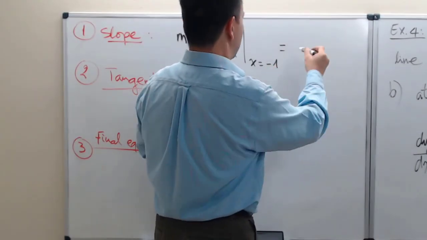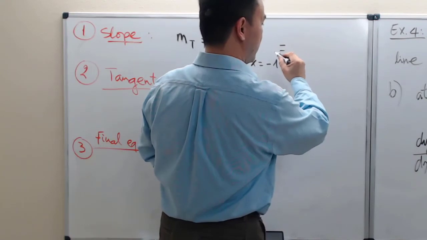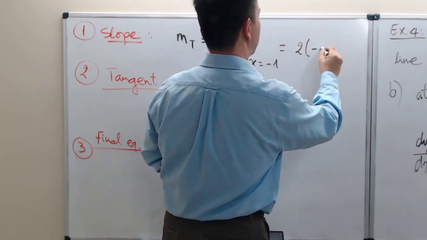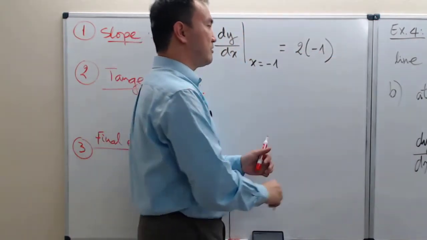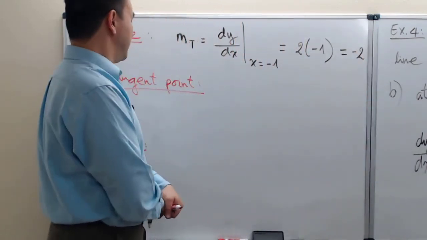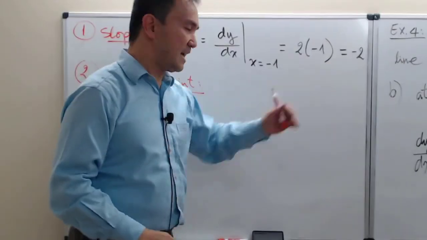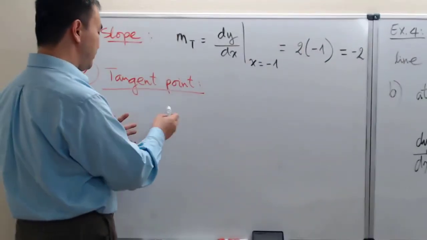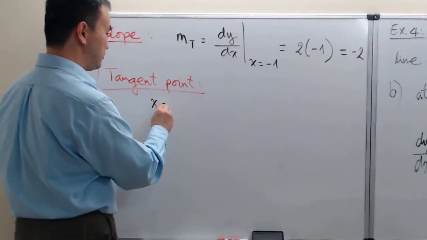Okay, and so this is going to be 2 times -1, and our slope here is now -2. Once we have the slope, then for the tangent point, x is given to be -1.